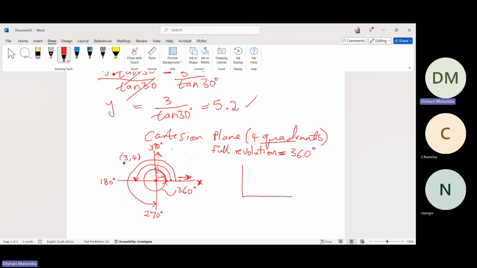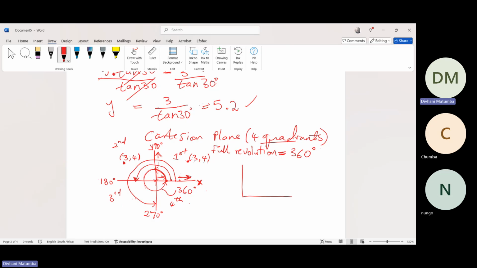So this is what we call the first quadrant, and this is the second quadrant, and this is the third quadrant, and this is the fourth quadrant. So in the first quadrant, that point will make sense, because the x and the y's are both positive.